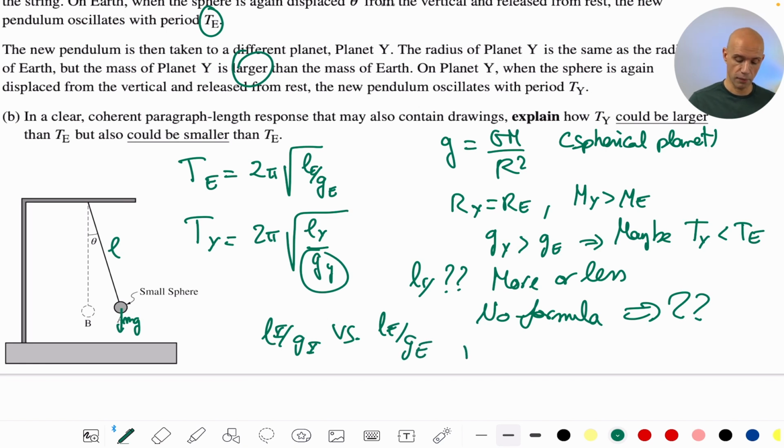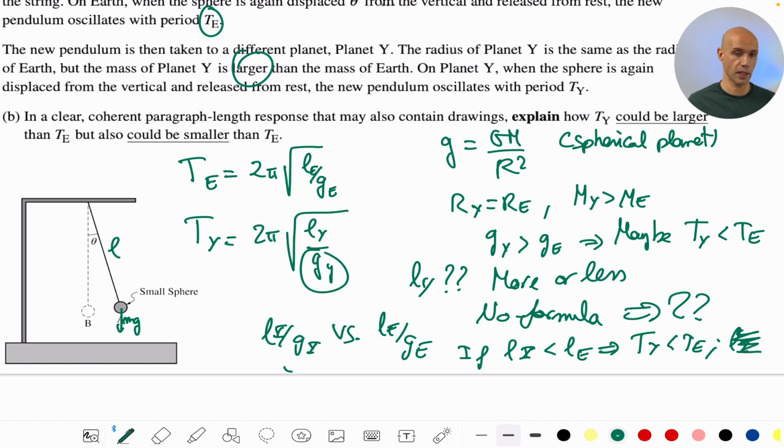It depends. If Ly is less, then for sure the period in y is going to be less. Now, if Ly is more, it depends, because it depends on whether it can compensate the change of g on y.